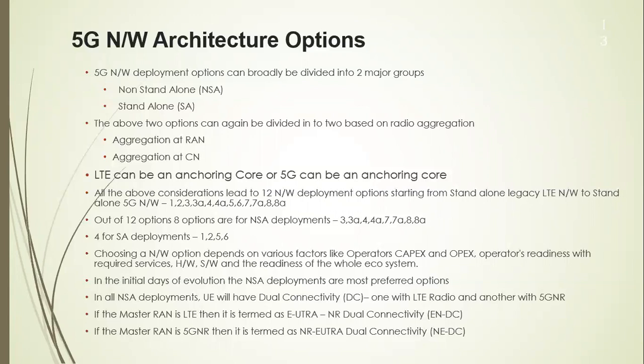So simply deploying a 5G network with all services will not generate any revenue for the operators. In case of NSA, the anchor network will be the 4G core and the secondary network will be 5G. In case of standalone, it's a 5G core, completely based on 5G architecture.